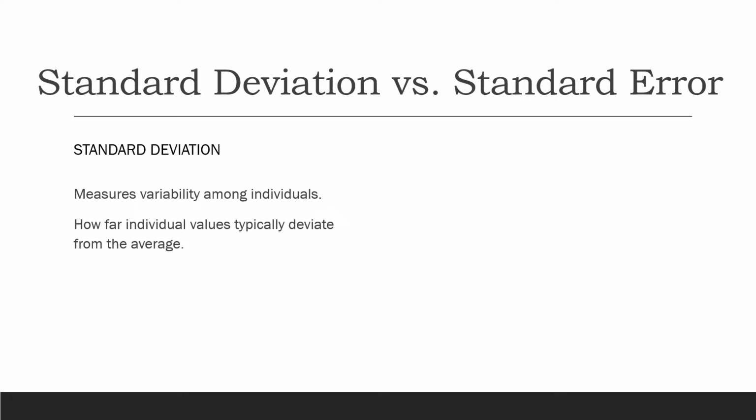We can interpret the standard deviation as a measure of how far individual values typically deviate from the average. And the standard deviation is useful for deciding if an individual is unusual or not.